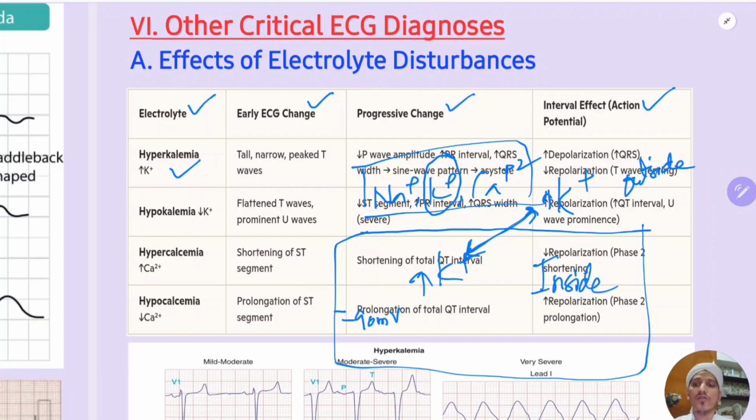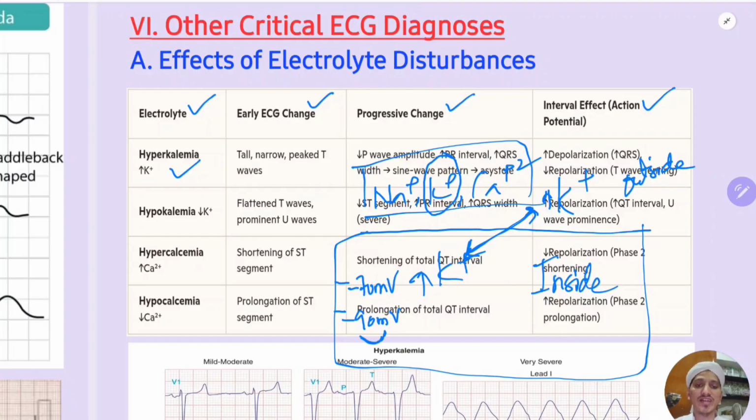When there is hyperkalemia, outside potassium is increasing, and this negative potential will move towards minus 70 millivolts.